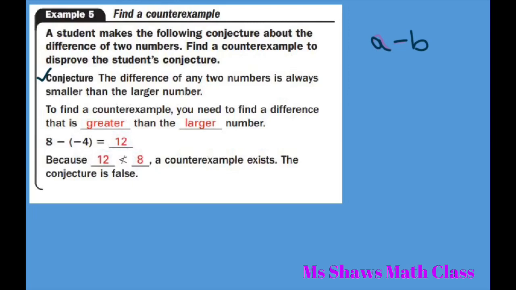To find a counterexample, you need to find a difference that is greater than the larger number. So if we let 8 minus -4, that equals 12, but 12 is not bigger or smaller than our bigger number.